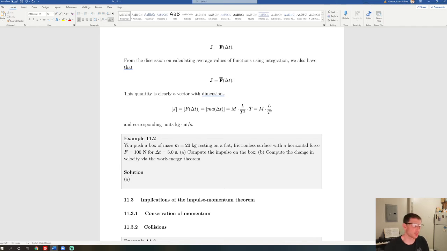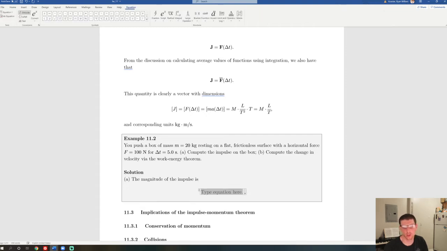Okay, so the magnitude of the impulse is just J, what we call it, which is equal to the force times the time interval. And this, I think we should just find to be 500 newton seconds.